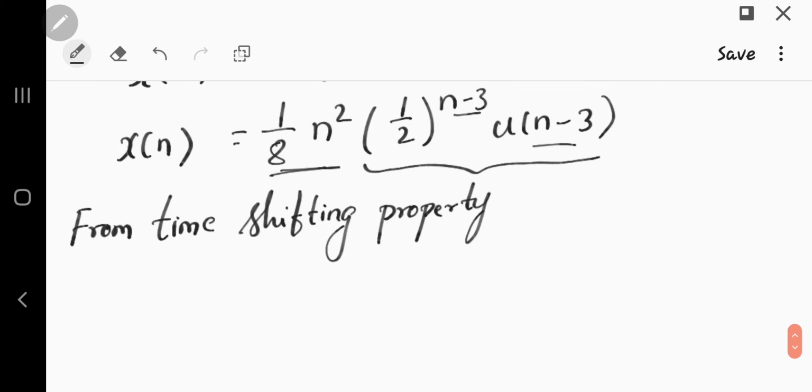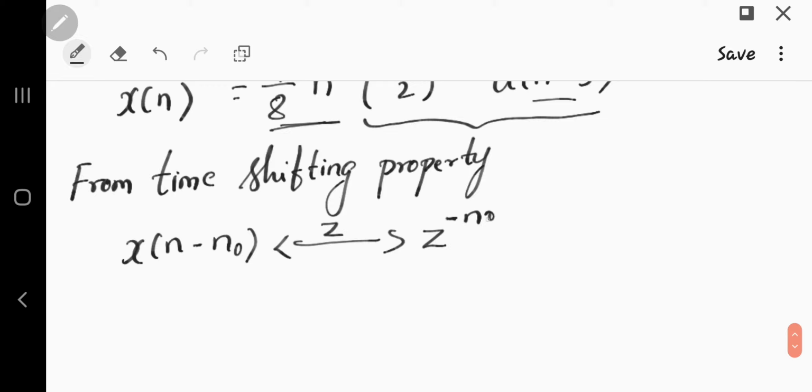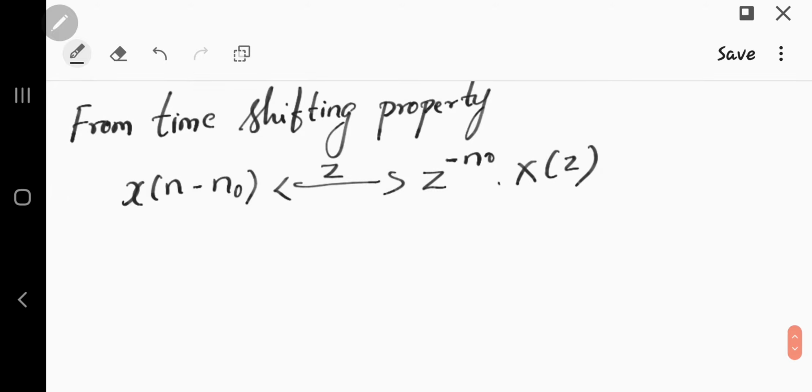So only this part of the input. From the time shifting property we have x of n minus n naught is equal to z to the power of minus n naught into x of z. So this is for the reference.